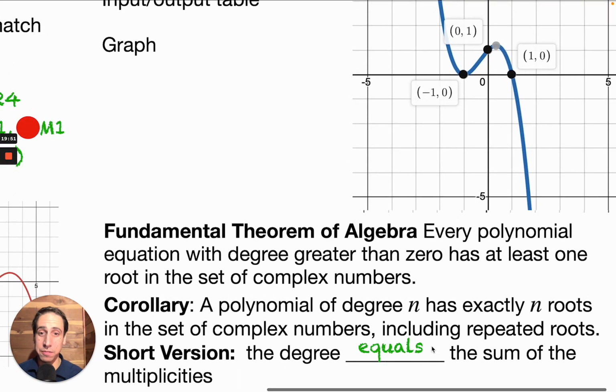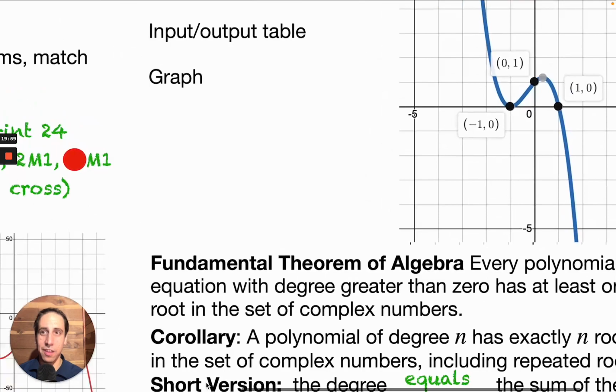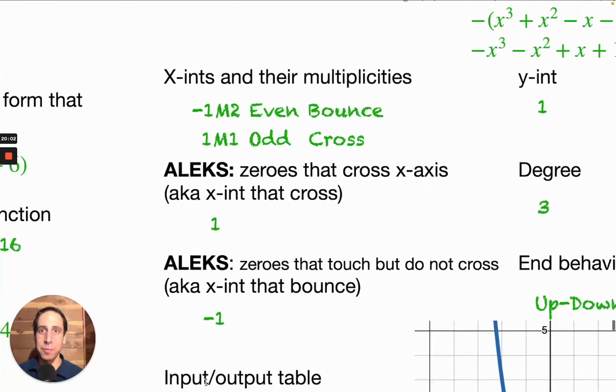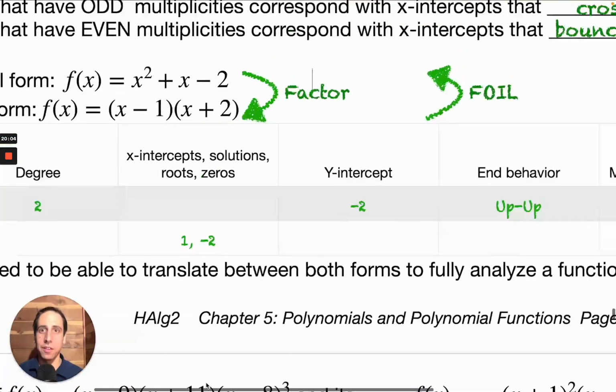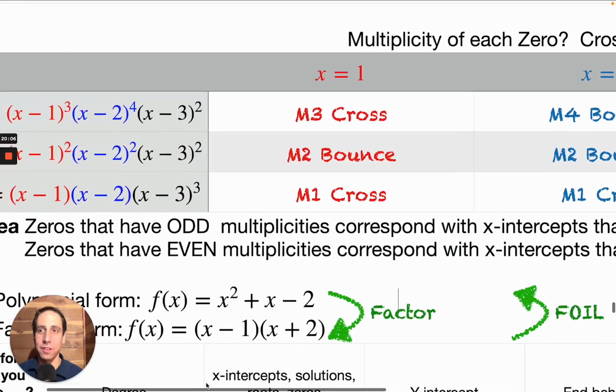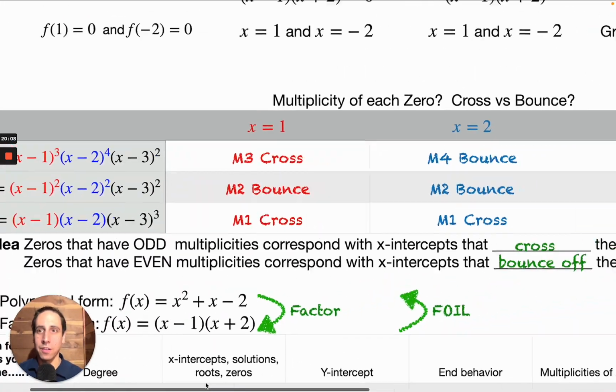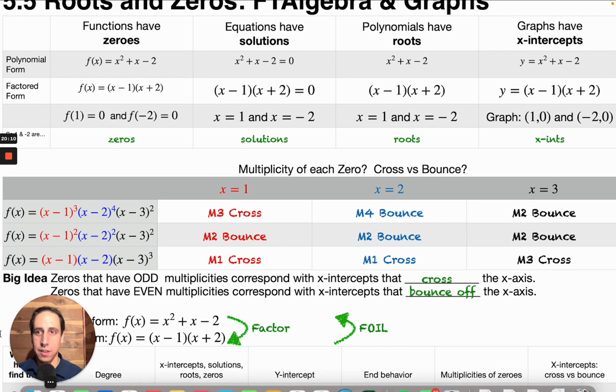Here's the short version. The degree equals the sum of the multiplicities. So for this one, the sum of the multiplicities is 3 plus 4 plus 2, which is 9.